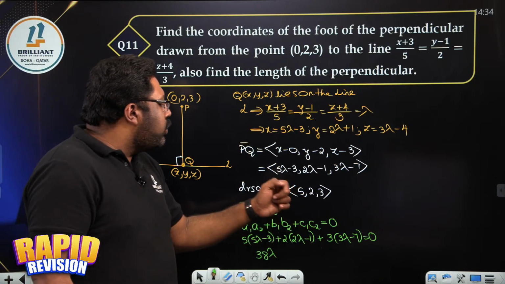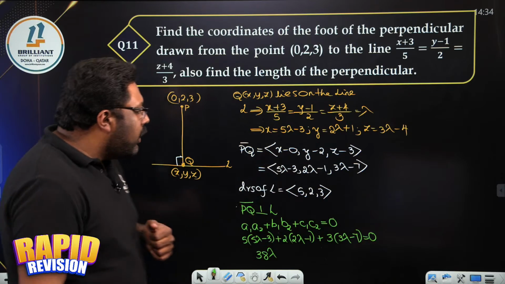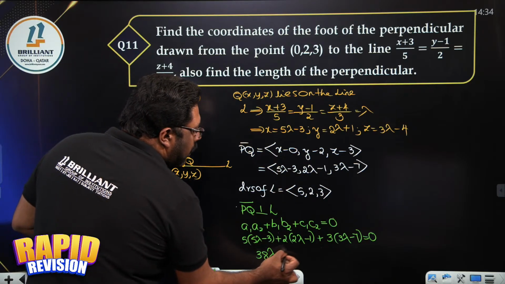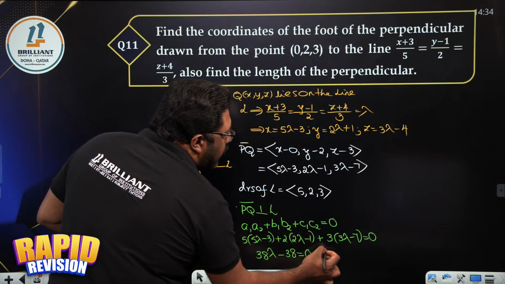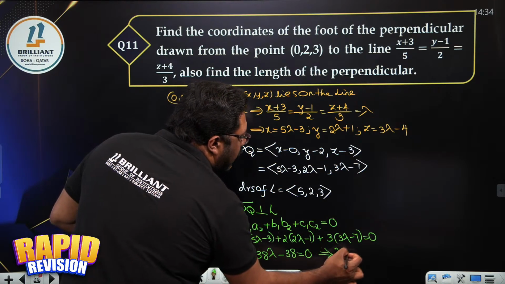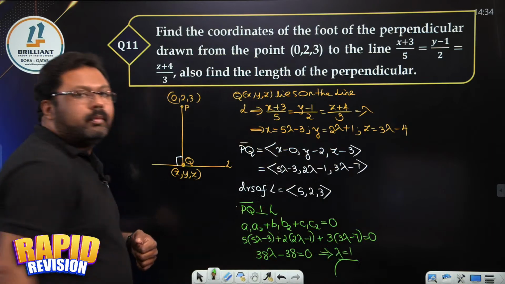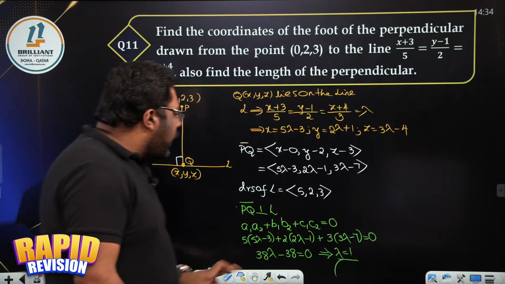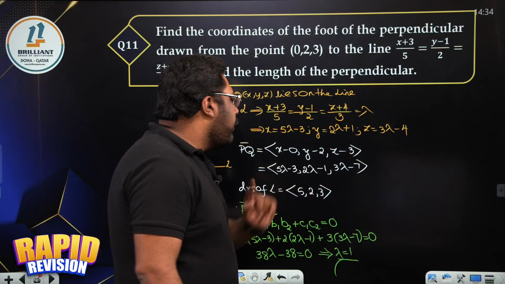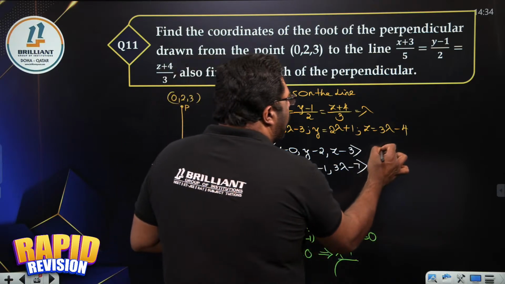Minus 15, minus 2, minus 17, minus 21, minus 38. That implies lambda equal to 1. I got the value of lambda, my dear students. If lambda is ready, next step, pretty easy.